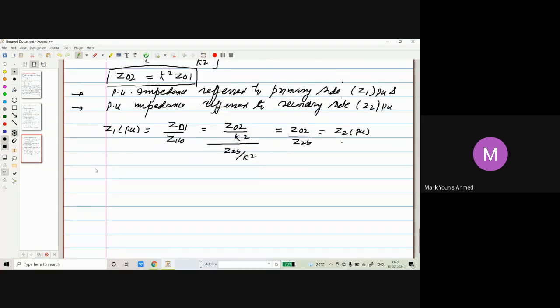So next is drawing the circuit of the transformer in per unit representation.